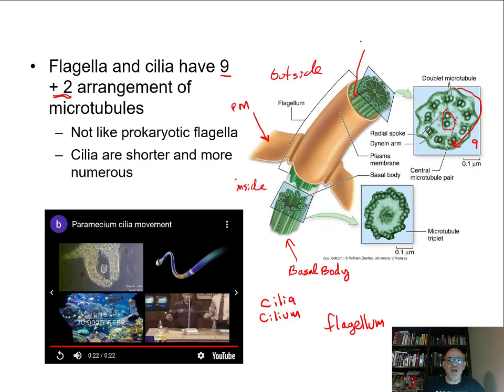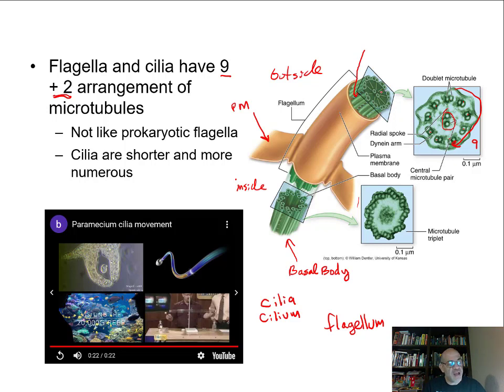And those dynein molecules reach out to the other microtubules nearby, the other pair. And with the help of ATP, the dynein changes shape, and when it does, it pulls on the other microtubules, and that causes the entire internal structure to flex back and forth. And that's how the flagella moves for a eukaryote.